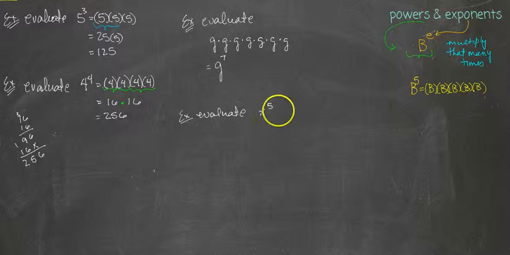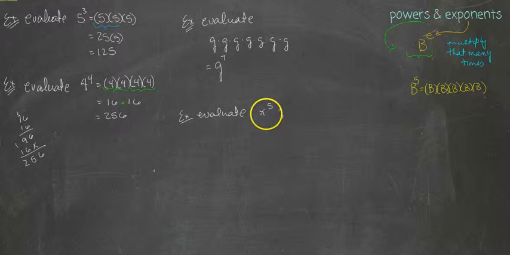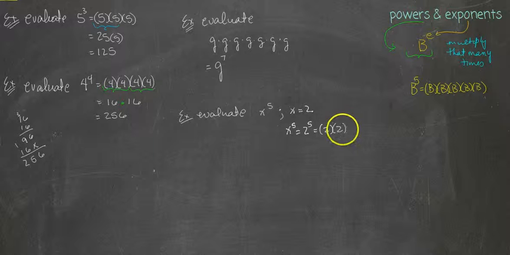What I need, just like in our previous lesson, is to be assigned a value for x. So suppose x equals 2. Well, then x to the 5th is the same thing as 2 to the 5th, which is the same thing as 2 times 2 times 2, and 2 more, times 2 times 2.